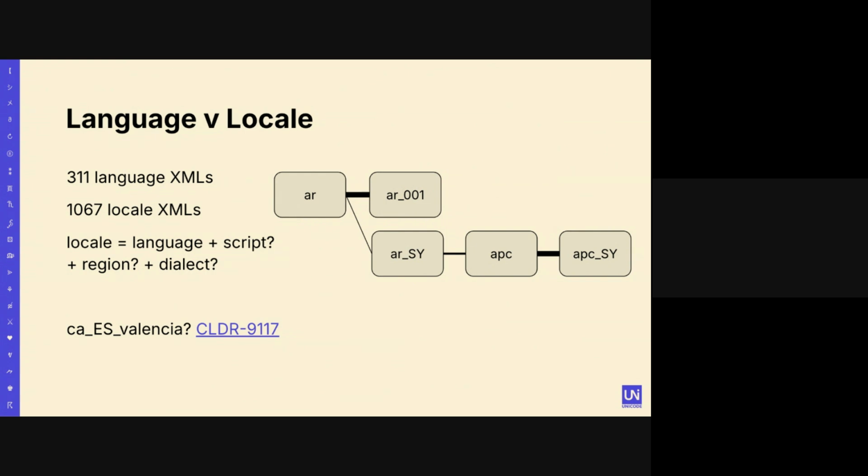One interesting case is that AR is the language code for Arabic, and AR-001 is World Arabic or Standard Arabic. However, there are regional variations like AR-SY for Arabic in Syria. But then there's also a language code APC that stands for Levantine Arabic, which is the dialect spoken in Syria.